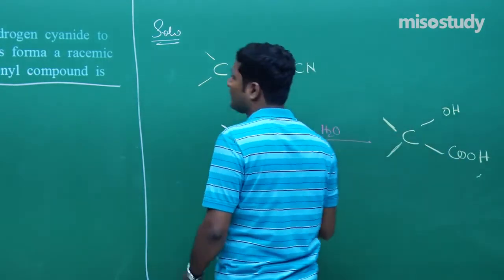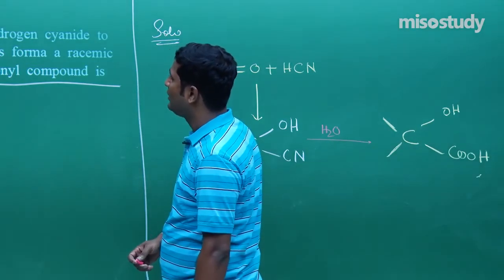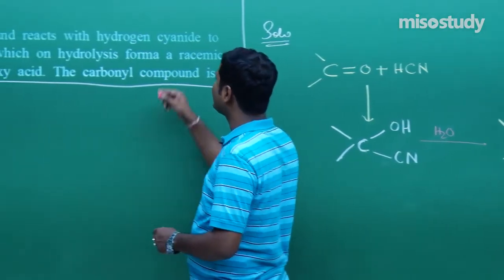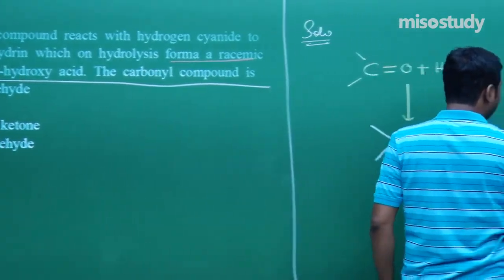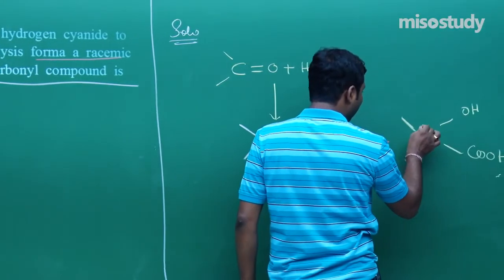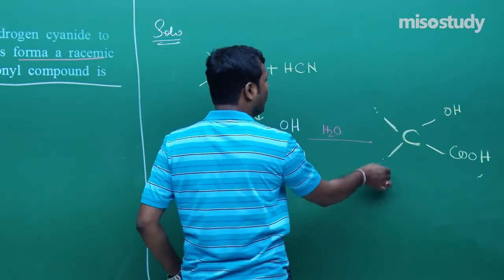Clear? Now read the second part. The carbonyl compound reacts with hydrogen cyanide, which on hydrolysis forms a racemic mixture. If there is a racemic mixture, then definitely this carbon contains asymmetric groups.